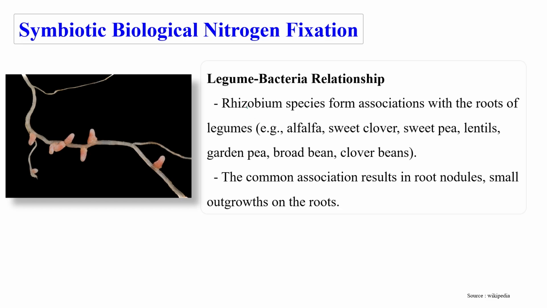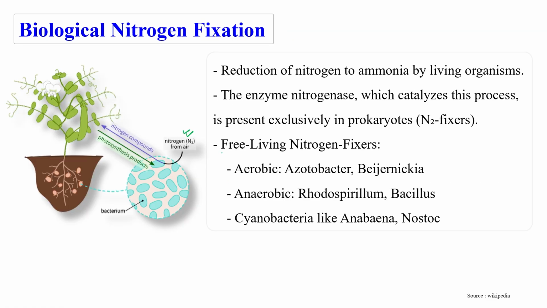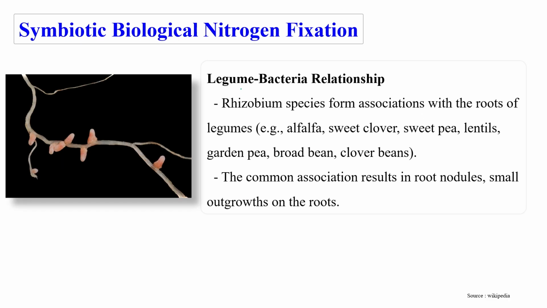And this is known as symbiotic nitrogen fixation. In the previous slide, free-living bacteria were involved in nitrogen fixing. Some are aerobic, some anaerobic, or some cyanobacteria. Here, some bacteria show a symbiotic relationship with some plants, mainly pulses, legumes. That comes under the symbiotic nitrogen fixation category.